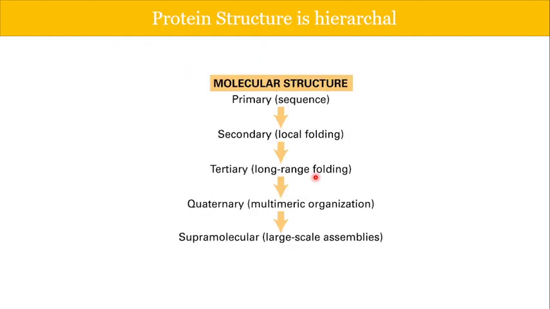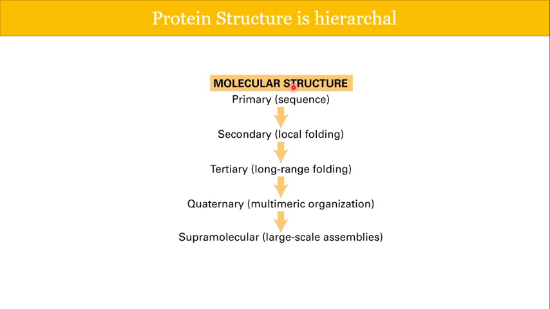Here we note that protein structure is hierarchical. First we have the primary structure, which gives information about the sequence of the protein: which amino acid is at the N terminus, which amino acids will form the alpha helix, which will form the beta sheets, and which amino acid forms the C terminus.